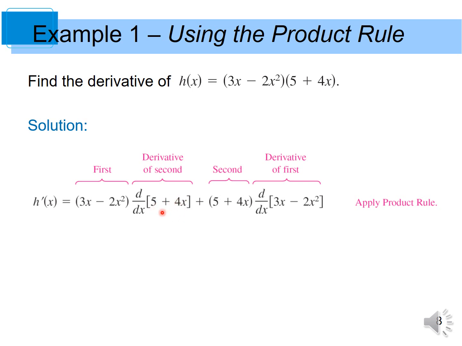So we straight away differentiate the 5 and the 4x. So we have 4, because when we differentiate the 5, it's equal to 0. And same for this part. 3x is a constant multiple rule, and negative 2x squared also is a constant multiple rule. And after we obtain the result, we can simplify the answer.